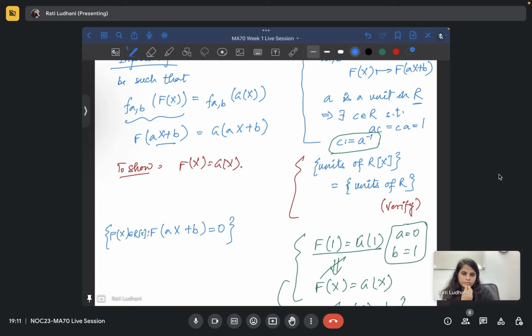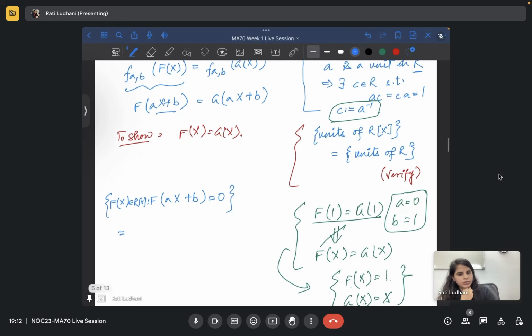That would never be equal to 0, because a times some unit equal to 0 means if you multiply with the unit's inverse, you get back the original constant. So it would never become 0. That's why only the zero polynomial maps to 0. So the kernel is 0. So that's it.